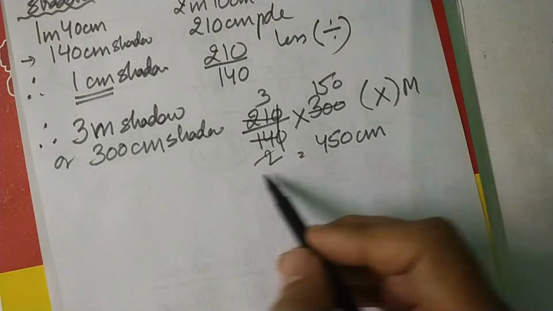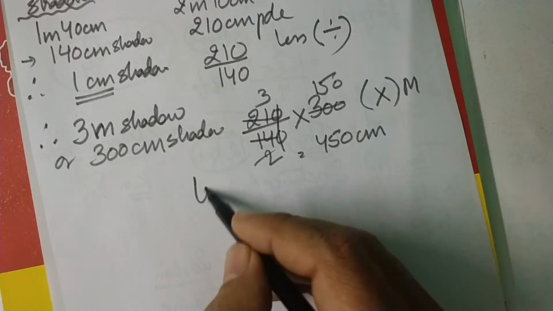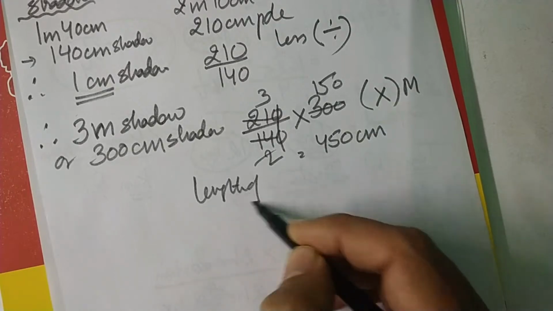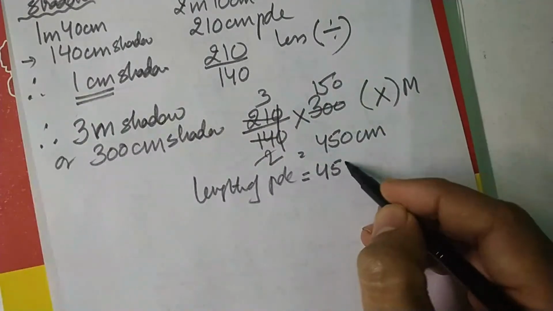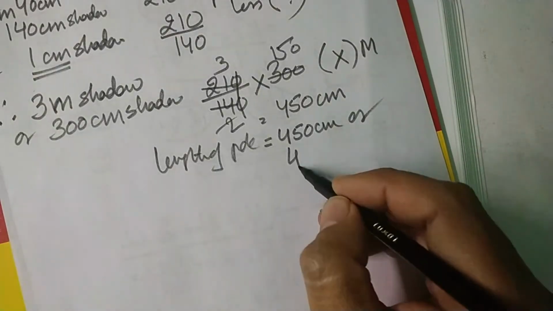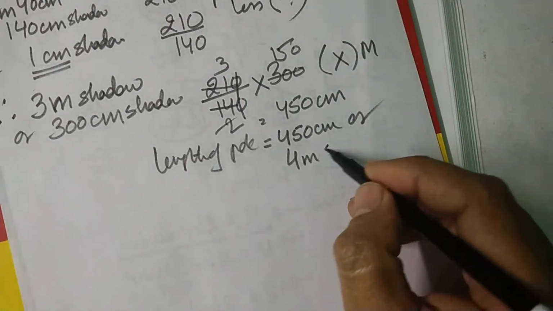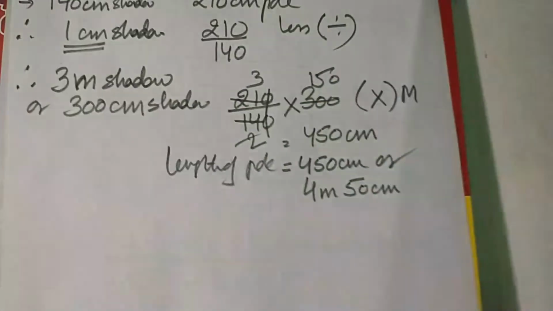So the answer is length of pole. Length of pole is 450 centimeter, which means 4 meter 50 centimeter. Answer.